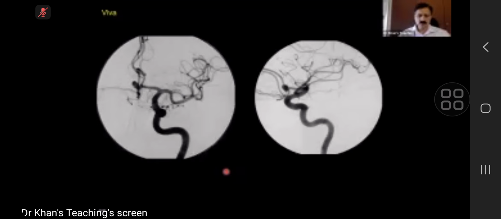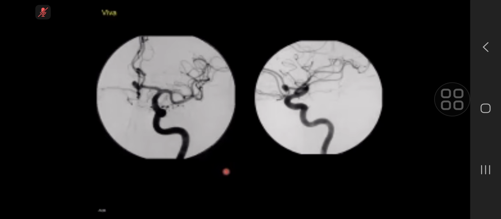Last case for you. Again, I've been presented with selected DSA of carotid artery, which is demonstrating saccular outpouching from the bifurcation. So this is external carotid artery, internal carotid artery.